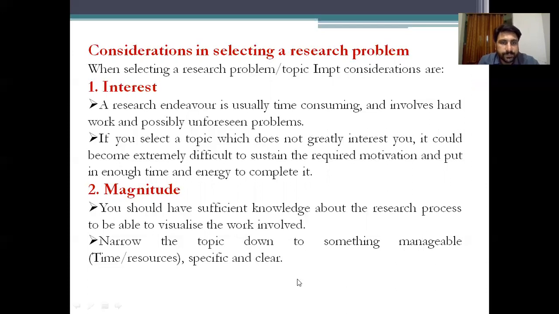Then the magnitude. You should have sufficient knowledge about the research process to be able to visualize the work involved and narrow down the topic to something manageable based upon the time and resources. It should be specific and clear. So you should select your topic or work plan within the limitations of the logistical arrangements that you have.